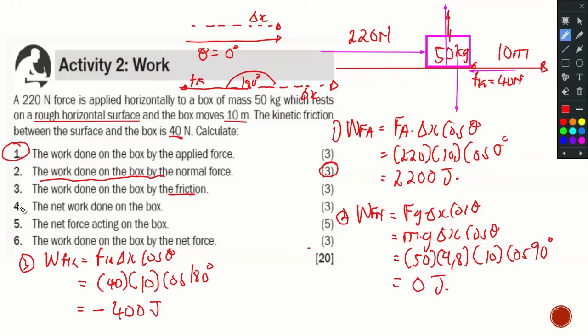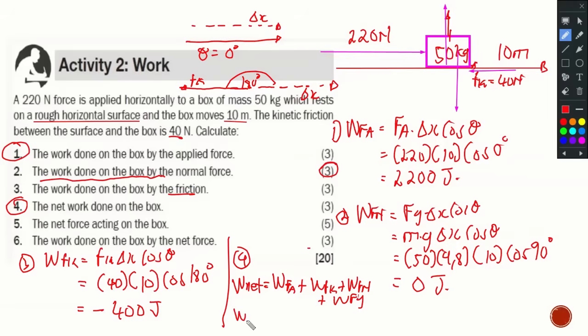Now, what do they say? Number 4, the net work done on the box. To calculate the net work done, we are going to say W net is equal to work done by FA plus work done by Fk plus work done by Fn plus work done by Fg. So work done by the force applied is 2,200 joules.